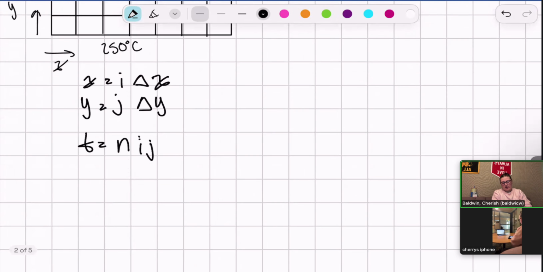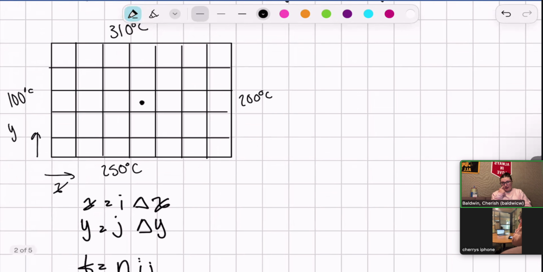And we're also going to say that delta x is equal to delta y. So that's saying that they're just even little blocks.